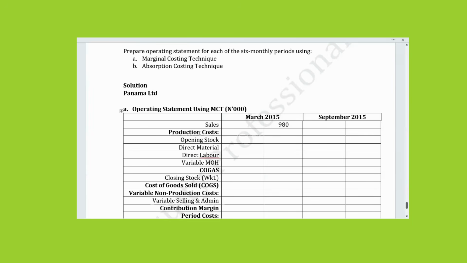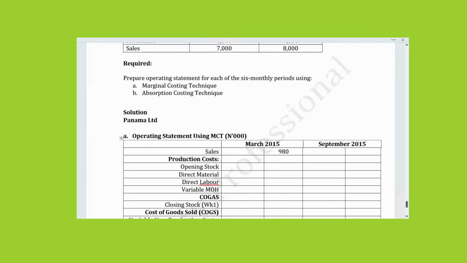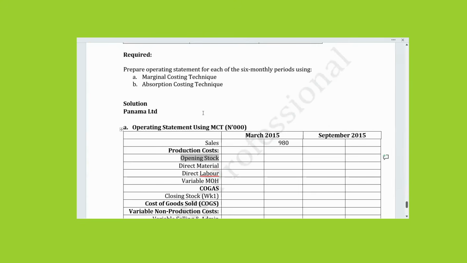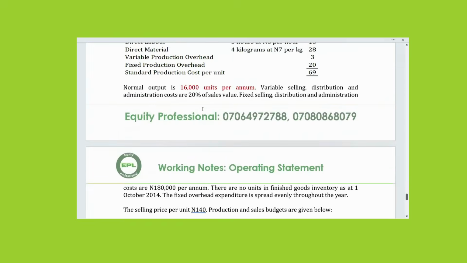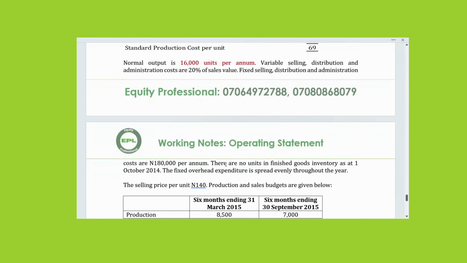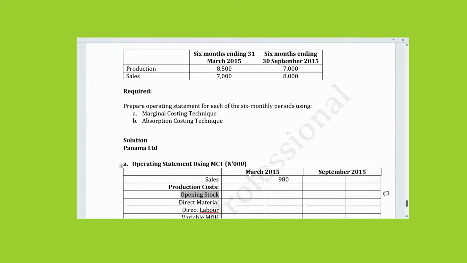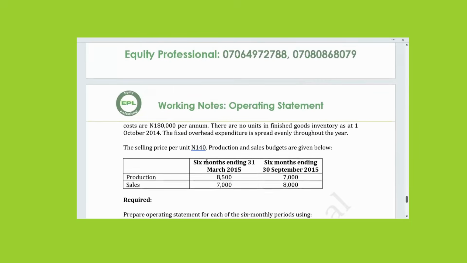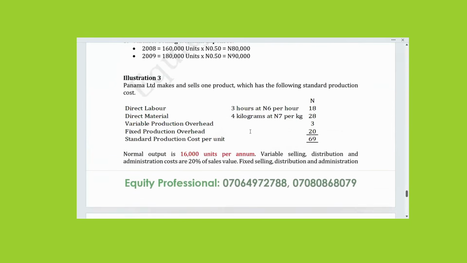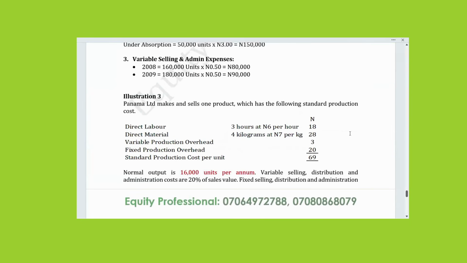Then we want to determine production costs. The first item is opening stock. I will go back to the question: are we given any opening stock? No, we are not given opening stock. Therefore, we are going to ignore it. Nothing will be there, just put a dash. The next one is direct material. According to the question, direct material cost per unit is 28 naira.